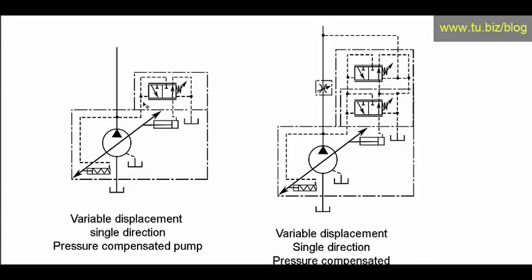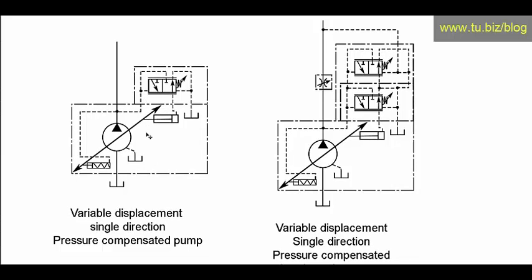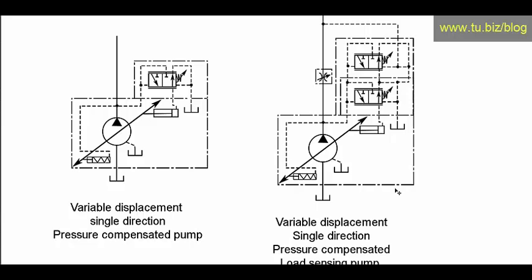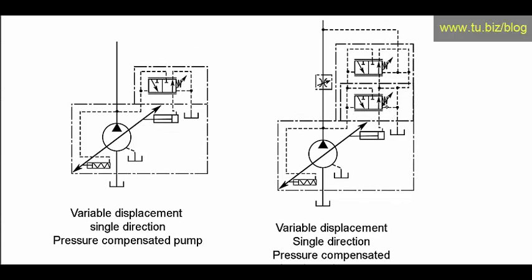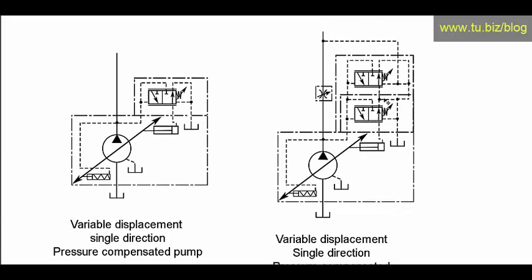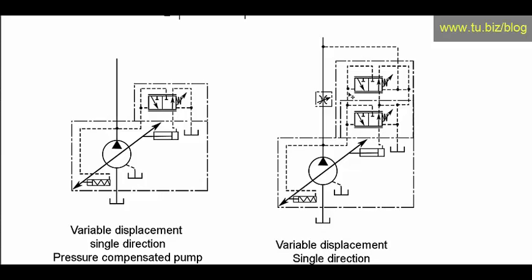And once we get into the controls of the pumps, different manufacturers draw it in a more detailed way, and in a different way, because they have different ways to accomplish the same thing. So for example, this one over here is the pressure compensated drawing, and this one over here is a variable displacement, single direction, pressure compensated load sensing pump. This one on the bottom would be the pressure compensated, and this one would be the load sensing.